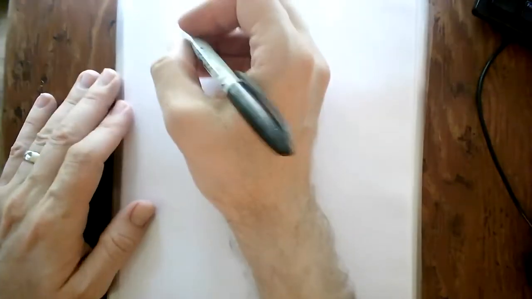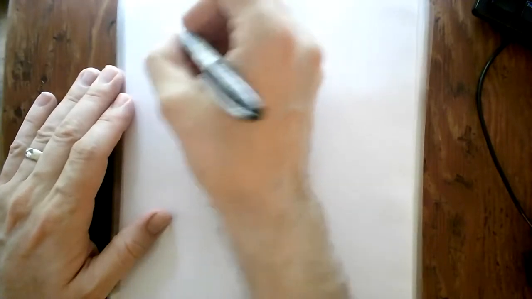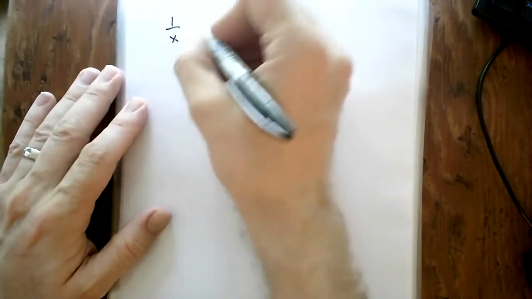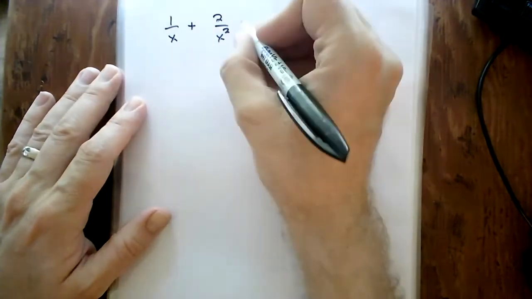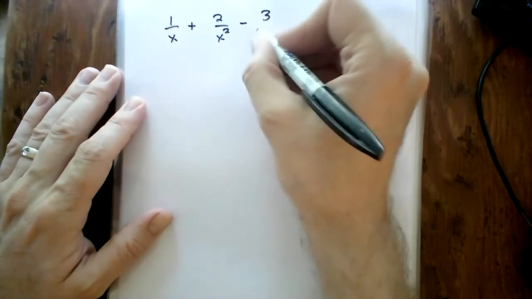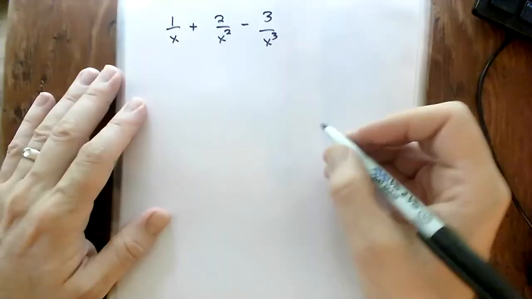So say we have something a little bit simpler, but let's do this one. So I've got 1 over x plus 2 over x squared, and I'll do minus 3 over x cubed.